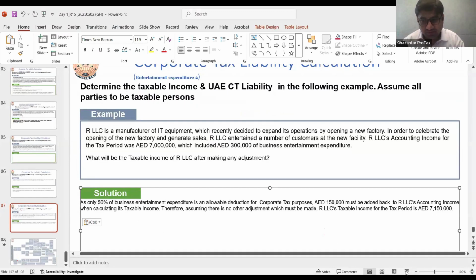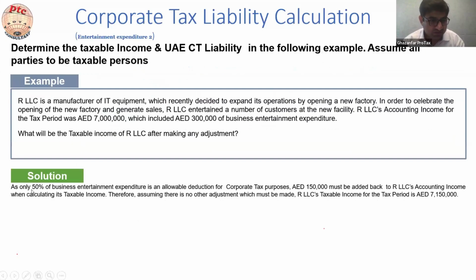Most of the participants answered that 50% of business entertainment is unallowable expense and 150 must be added back to the LLC accounting profit. Why? Because the 300 is already included, which means it's already deducted. So the disallowed 150, which is 50% of this, increases our accounting taxable income. This is the adjustment reversal. This was the point to understand.